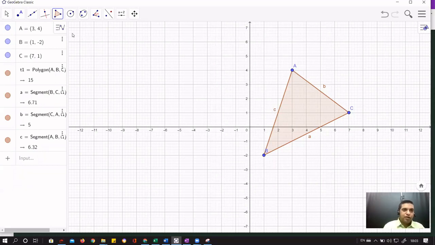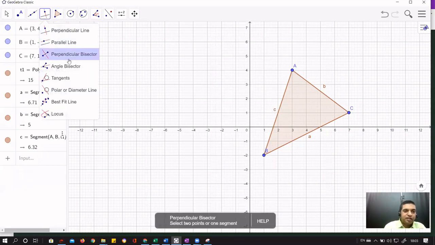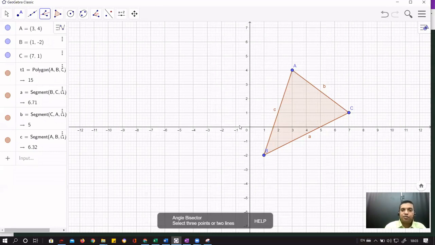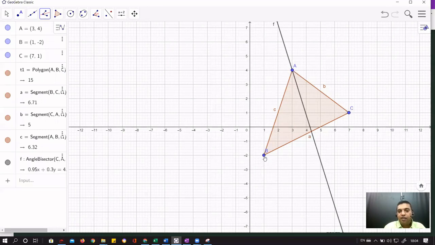Now I want to find the internal bisector. So this is the angle bisector I'm choosing. Now if I choose the angle CAB, I get the bisector of internal angle. This has bisected the angle A in two equal halves. Then again I choose the angular bisector. Now I'll choose for B, angle ABC.